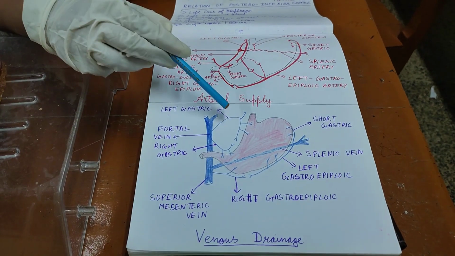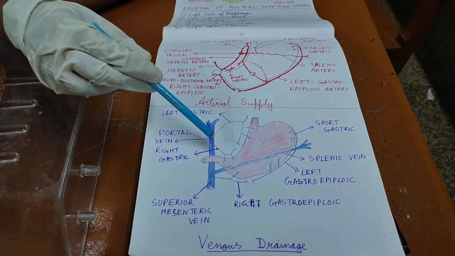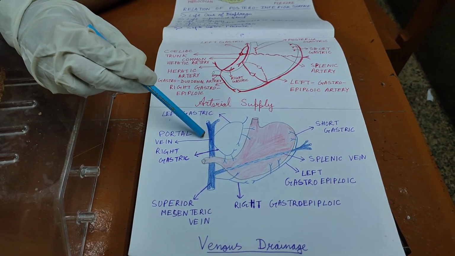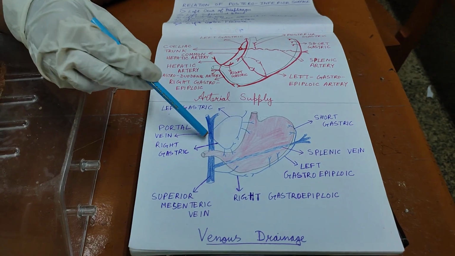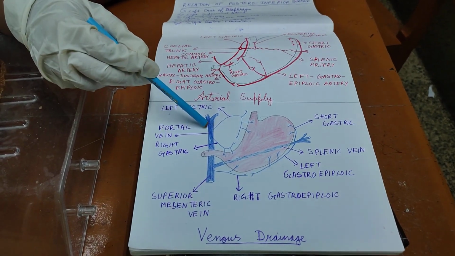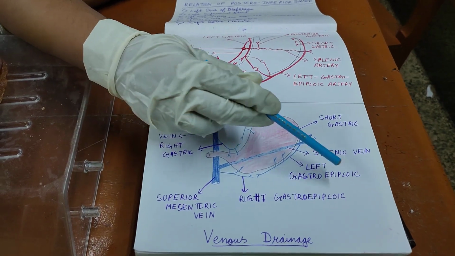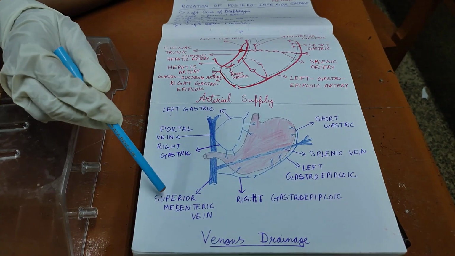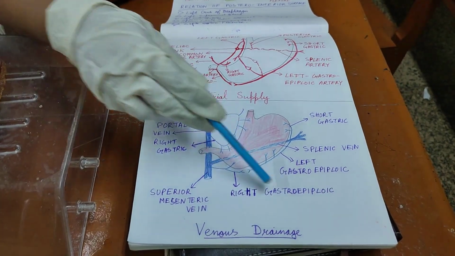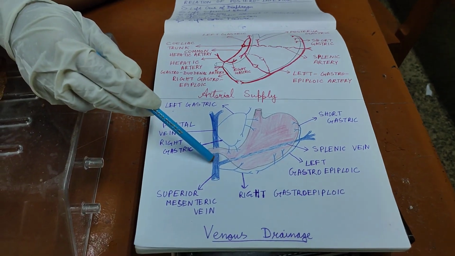The left and right gastric veins drain directly into the portal vein, as we can see here. The short gastric and left gastroepiploic veins drain into the splenic vein, and the right gastroepiploic vein drains into the superior mesenteric vein.